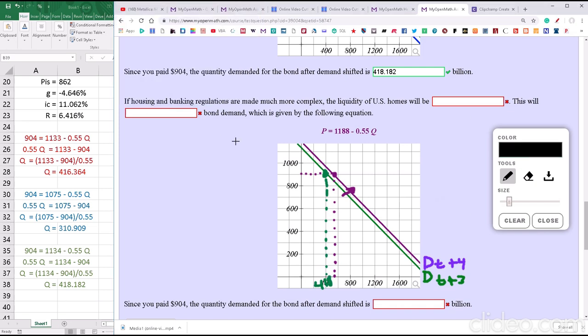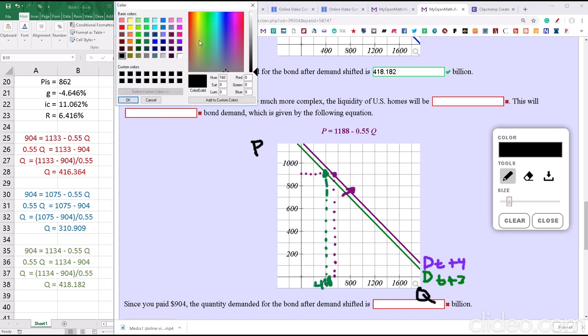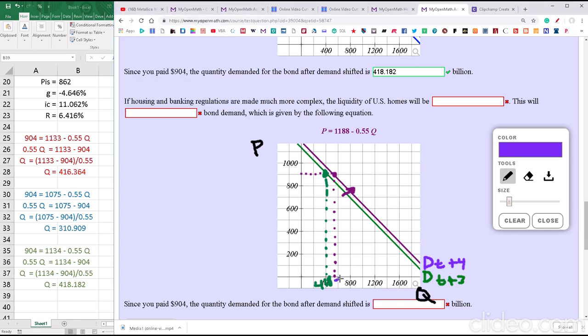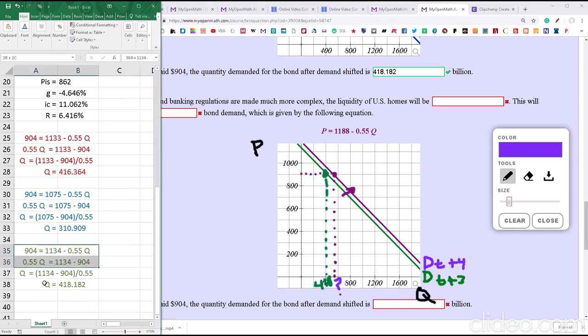Label the price axis, quantity axis, and then we want to know what this value is, right? How do I find out what that value is? Well, instead of copying this, I'm just going to copy the last one.